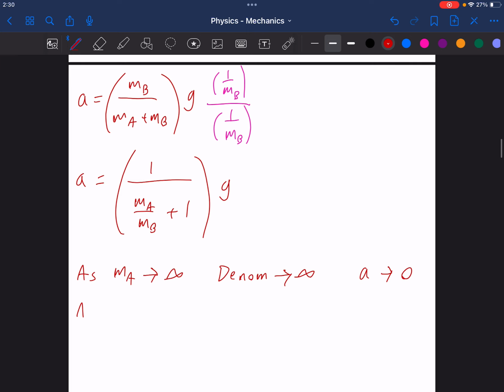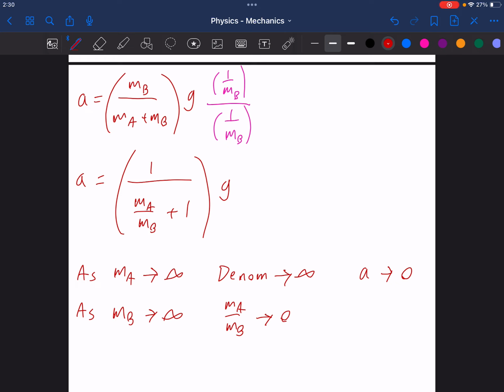Likewise, we can see as the mass of B goes to infinity, well, now I have the mass of A over the mass of B in my denominator there. That term is going to get really tiny, right? That term is going to go to 0 as that mass of B gets really big, which means that term in the denominator is just going to head towards 1, right?